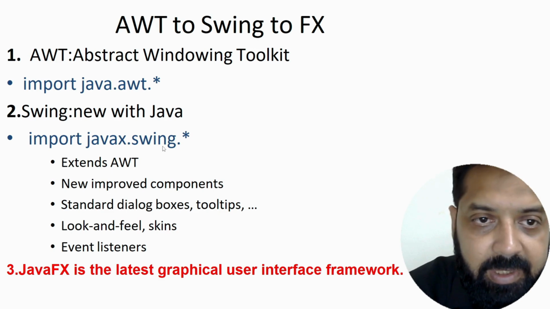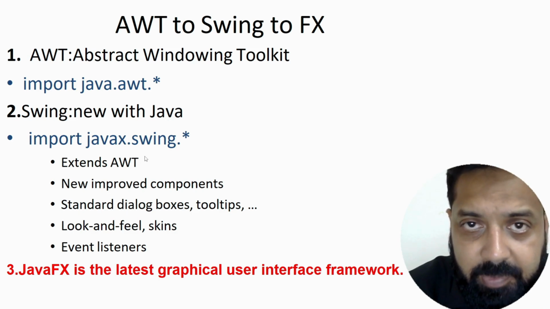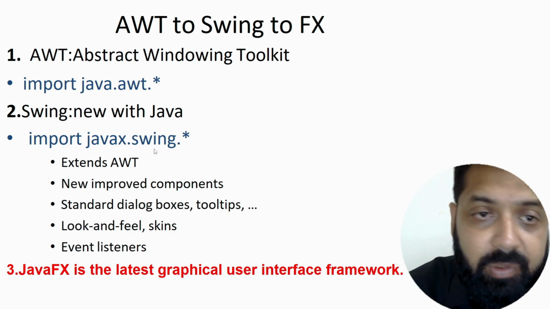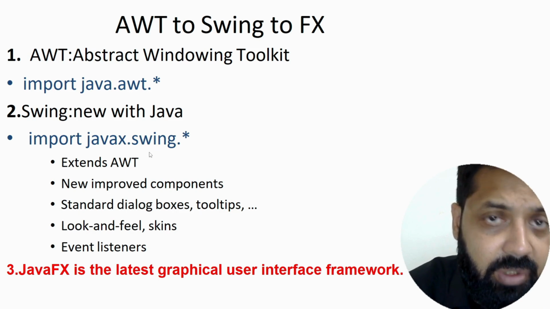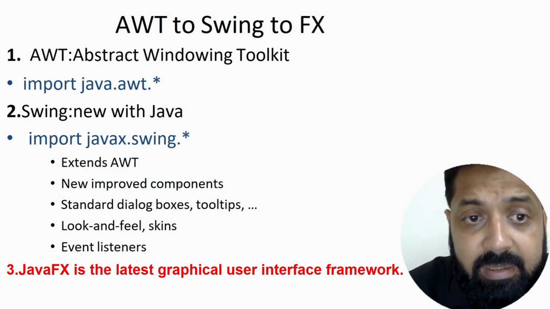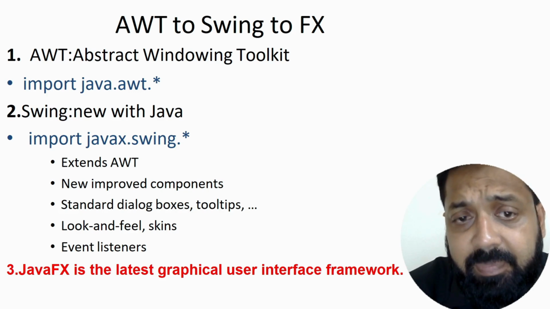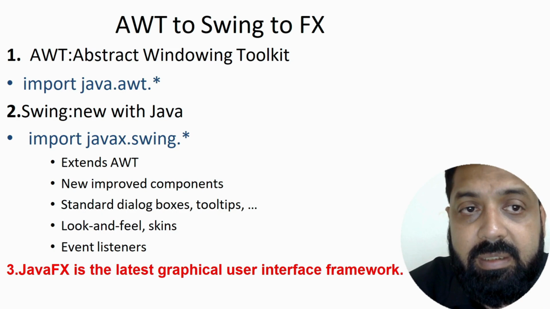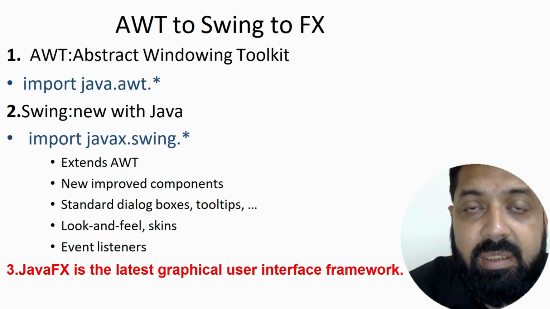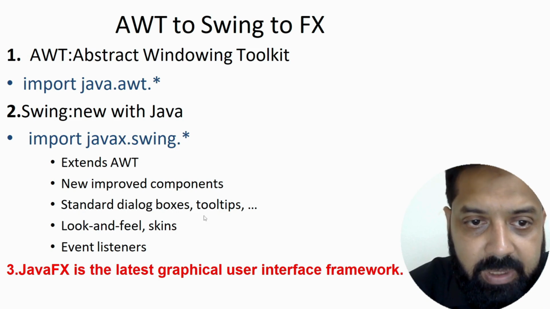javax.swing. This library is the advanced version of the Abstract Window Toolkit, or you can say it is the extended version of the Abstract Window Toolkit, because it contains new improved components. It contains dialog boxes, tooltips, etc. Their look and feel, even the interface of forms that we design in Swing, are more readable and more effective compared to the Abstract Window Toolkit.